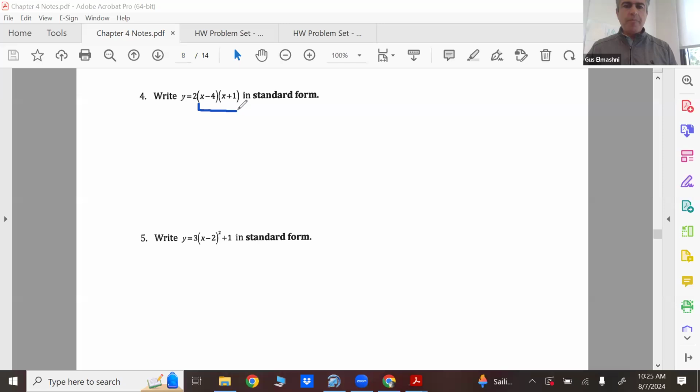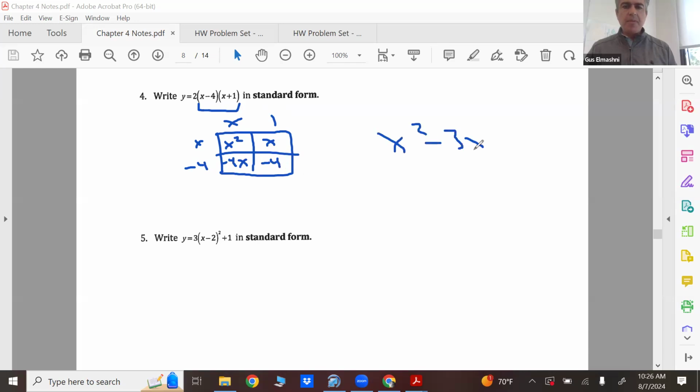Standard form, I'd multiply that out first. Then distribute the 2.